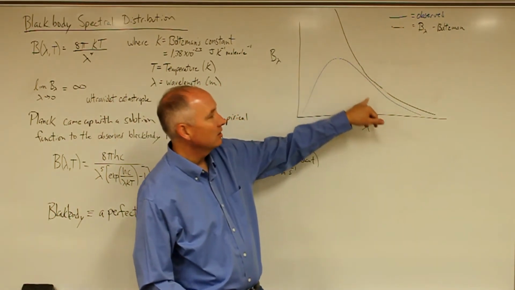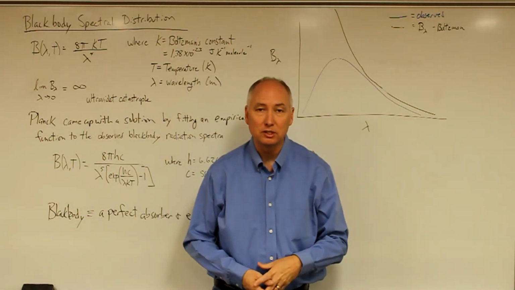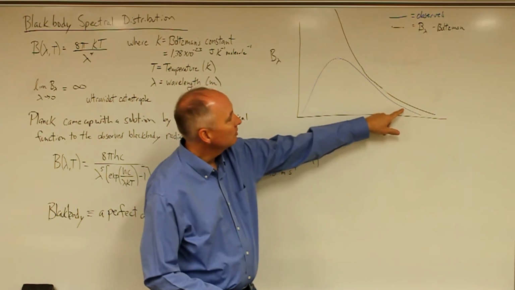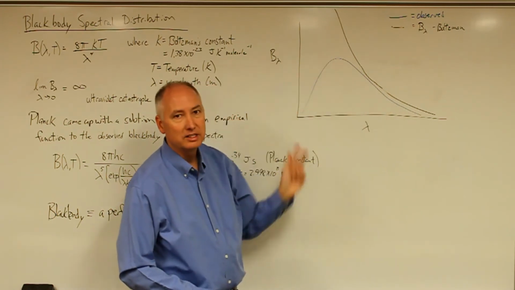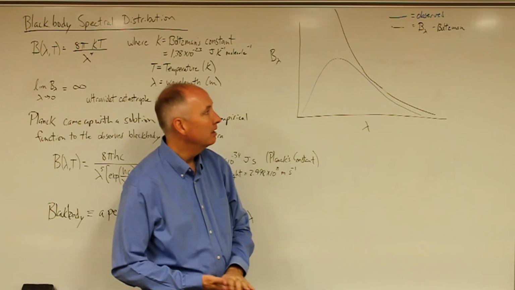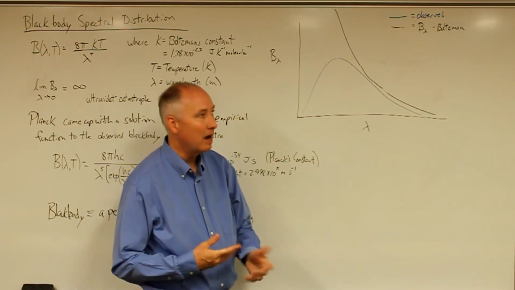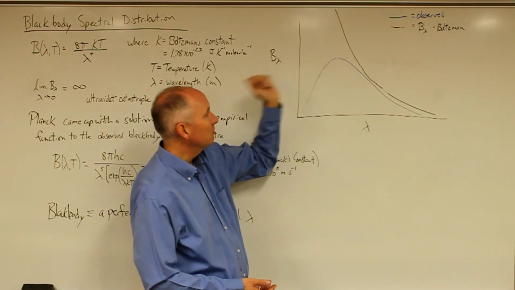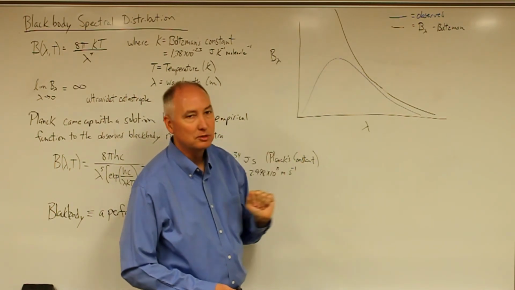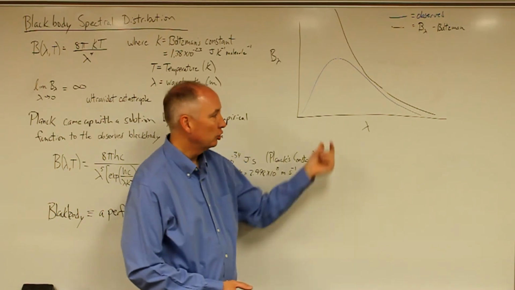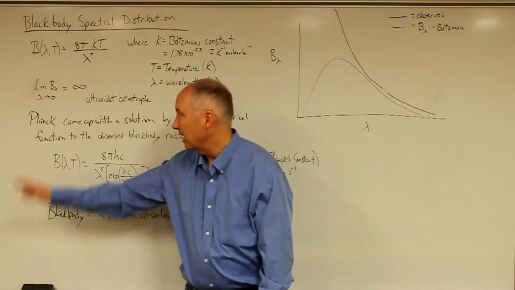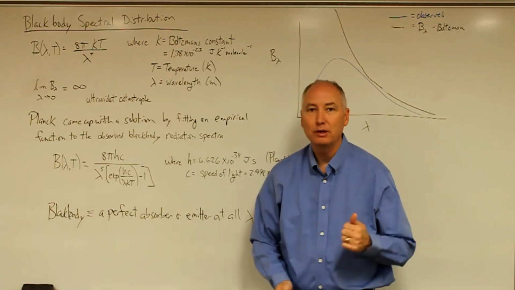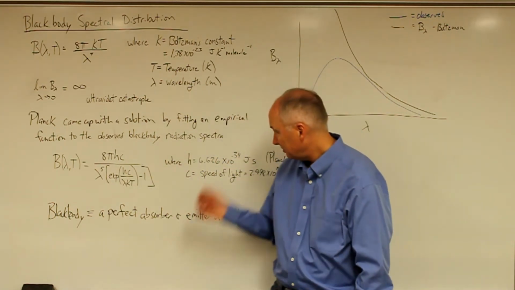And it's clearly not what was actually observed when measurements started to be taken of blackbody radiation distribution. The blue line is the actual observed spectra for a blackbody object. So we have a very strong disconnect between the Boltzmann distribution and the observed data at short wavelengths. So what happened is that Planck came up with a solution to this by fitting an empirical function to the data.